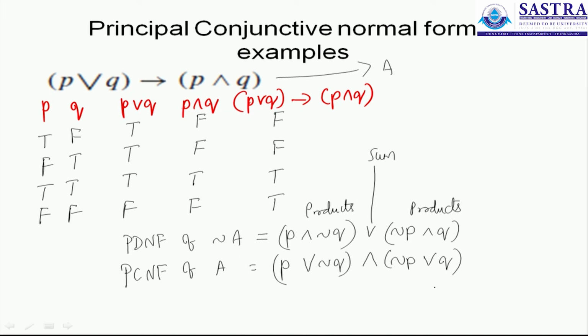That's it. So now it is a product of two sums. This is your PCNF. So once you construct your truth table correctly and identify the correct rows, the rest is too simple.